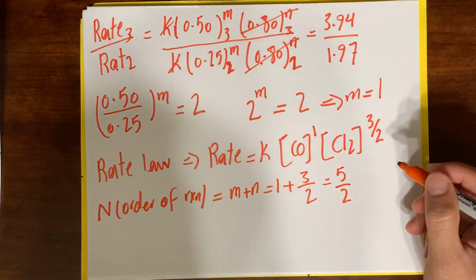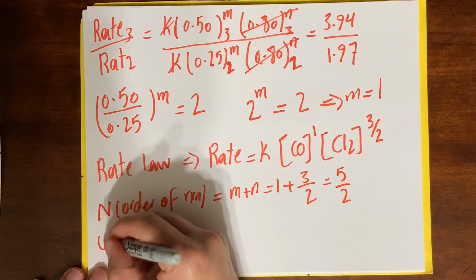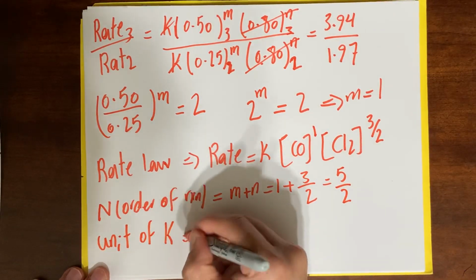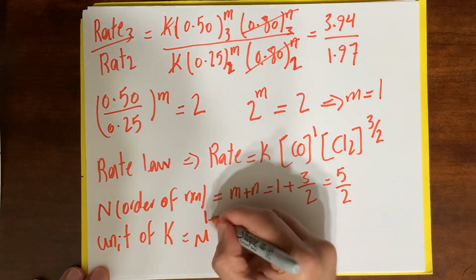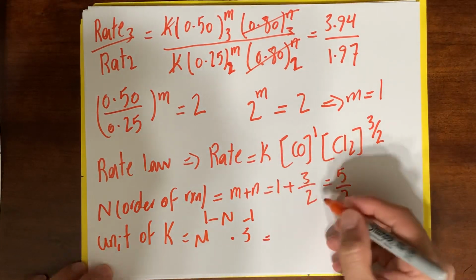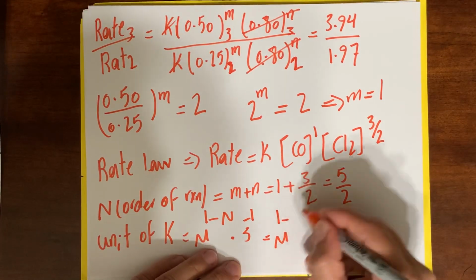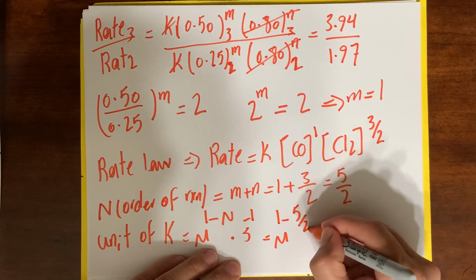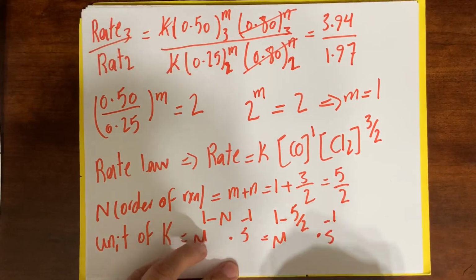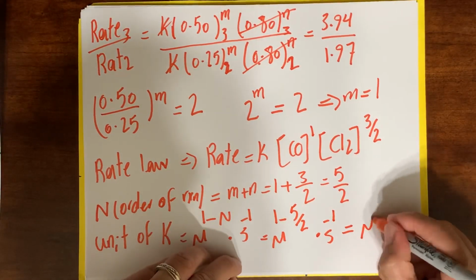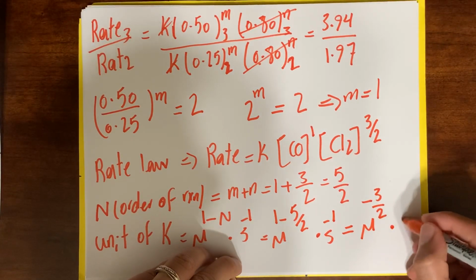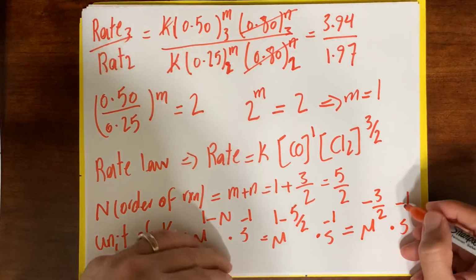Okay, so the unit of k is going to be M to the power of 1 minus n multiply s minus 1. So it will be M to the power of 1 minus 5 over 2 multiply s minus 1. The answer will be M to the minus 3 over 2 multiply s minus 1.